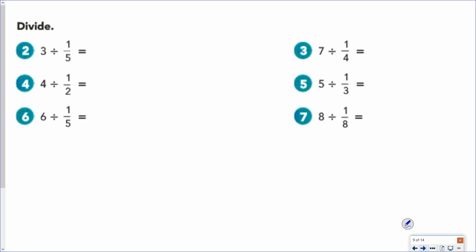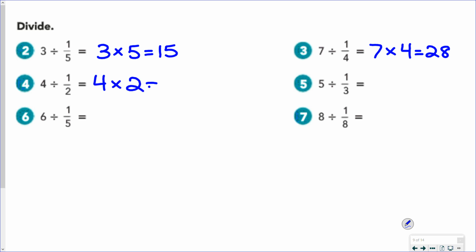And so if we have just straight division sentences, we keep the first number, change to multiplication, use the reciprocal. 3 times 5 is 15. Keep the first number, change to multiplication, use the reciprocal. 7 times 4 is 28. Keep the first number, change to multiplication, use the reciprocal, 4 times 2 is 8.